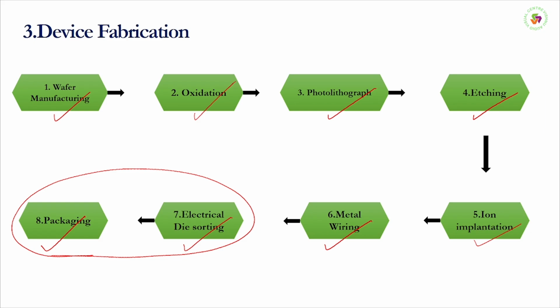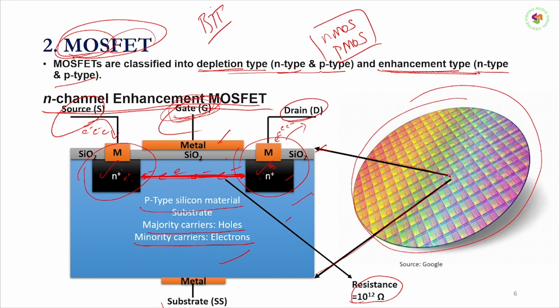As I told you in the previous slide, this is the silicon wafer where you have fabricated millions of billions of transistors. First you need to fabricate this silicon wafer.